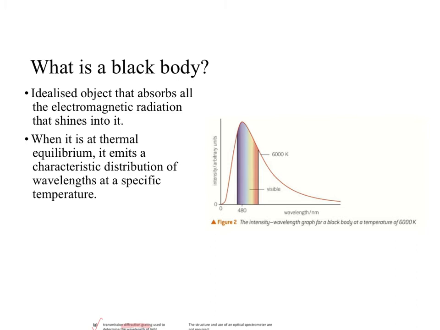So this is something that we will be using, for example, in comparing the temperature of the surface of a star to the electromagnetic radiation that it emits. Now, every object that is above absolute zero, so 0 Kelvin, usually has heat, so it will be emitting infrared radiation and so on.